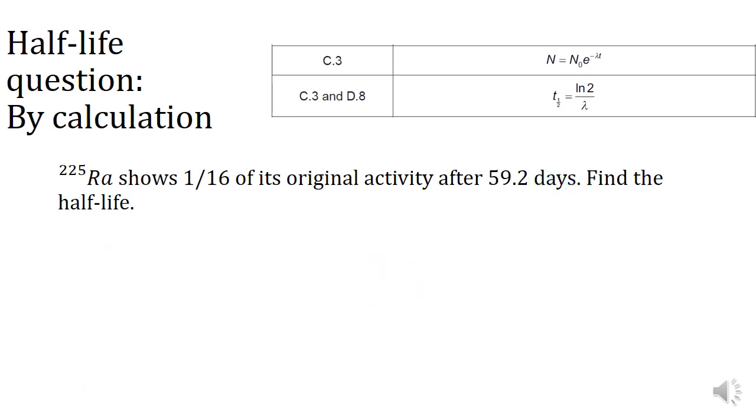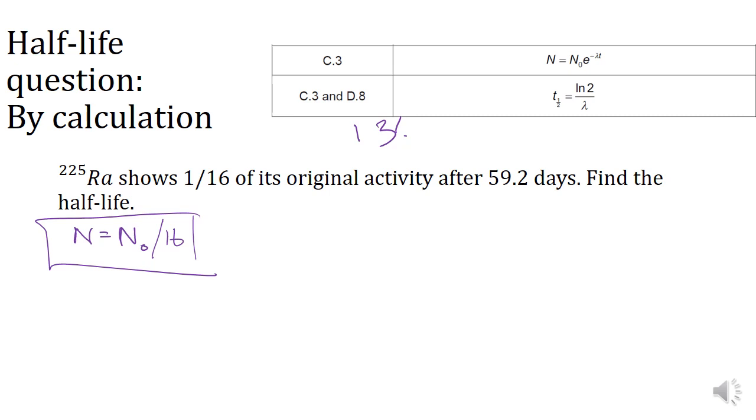So the other way you can do this calculation comes from the two formulae. Now these are straight out of the data book in that first section. So if we have N equals N naught, so this is the number of atoms, or the amount of activity, equals the amount of initial activity divided by 16. So this is the information we get from the question.